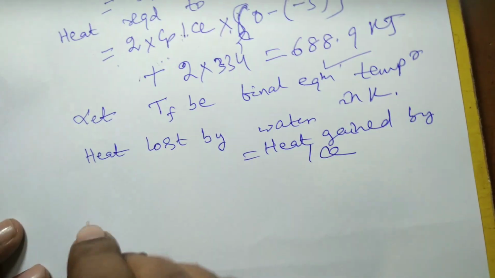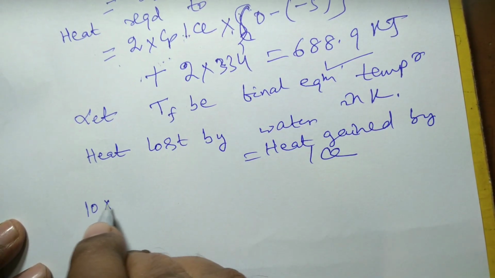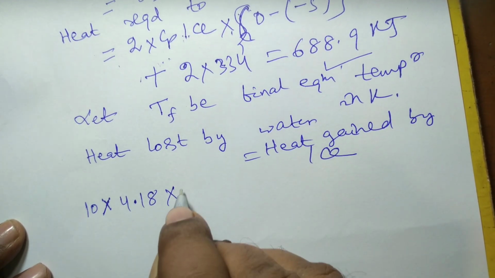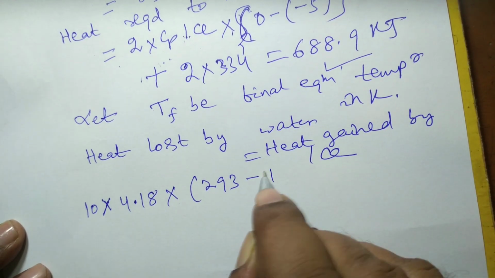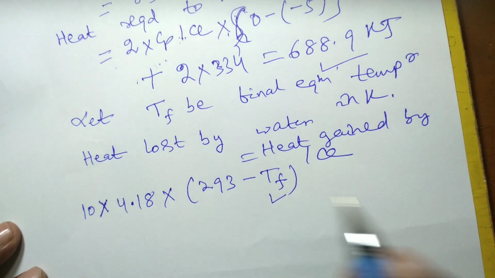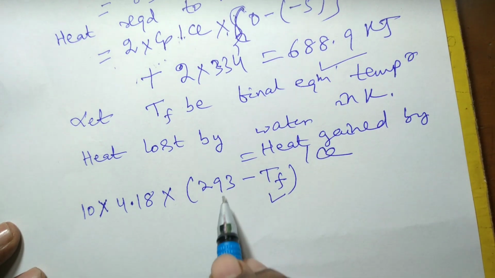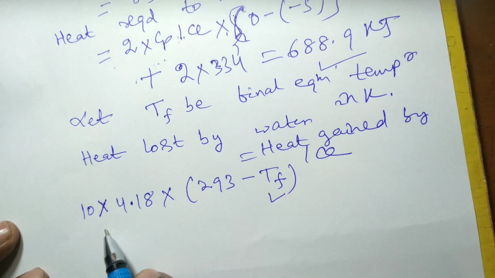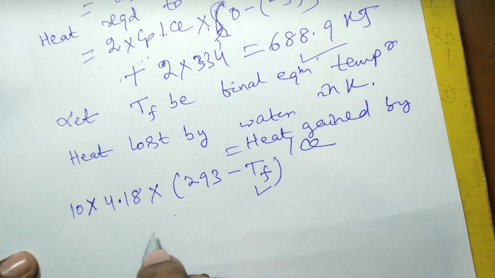By equating that, mass of water is 10 kg, 10 multiplied by specific heat of water 4.18, initial temperature of water is 20 degrees Celsius, so 293 Kelvin minus TF. This is the heat lost by water, because the final state is water. It will remain in the water state and will not go to the solid state, even by giving away heat. So this is the amount of heat lost by water.